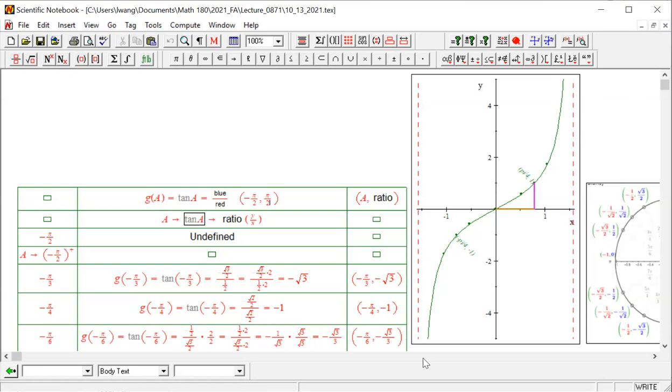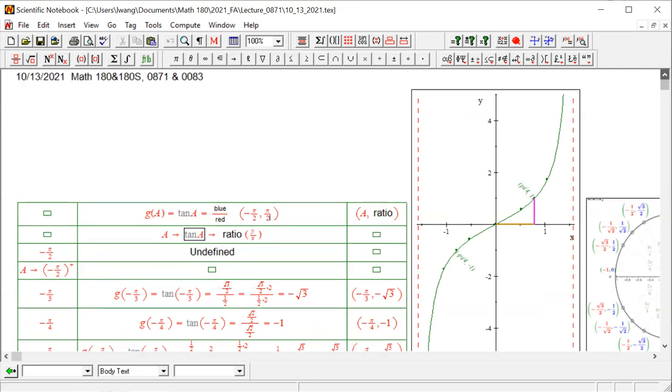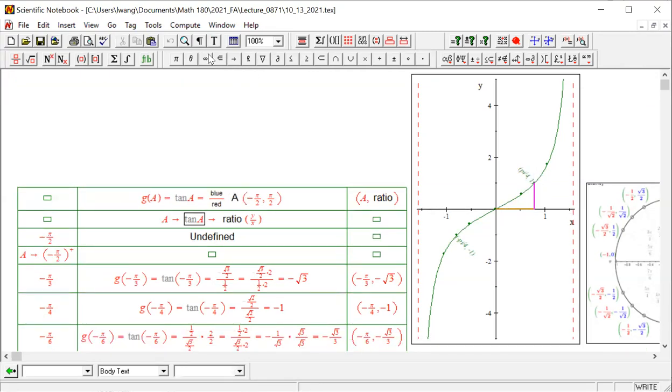On this curve, we know it's one-to-one, so it has an inverse. So we have determined that not only does this function have an inverse, we already know the domain. The angle belongs to that domain for the input, and the range is negative infinity to positive infinity.